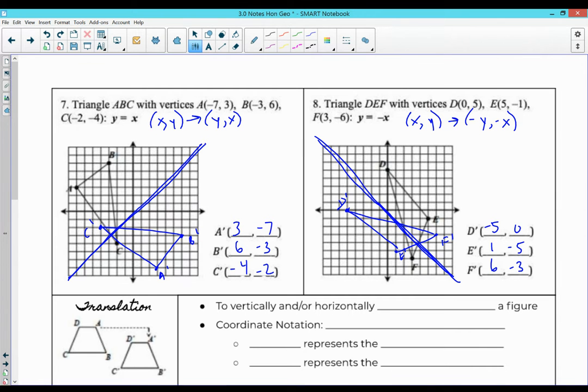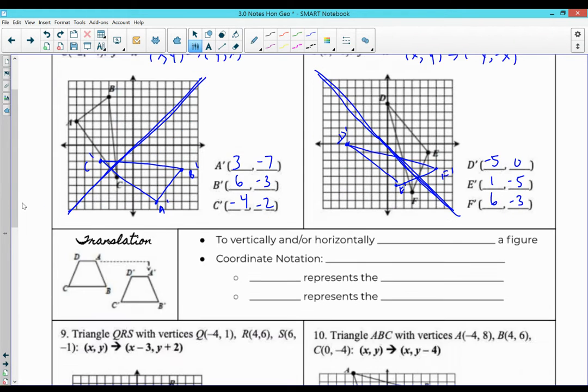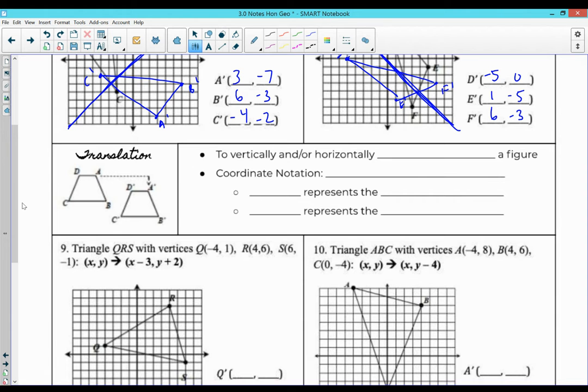All right, so since we went in reverse order of difficulty, this is the last one. Translations are the ones you might be most familiar with. When we translate, as you can see in this figure here, that means that we are horizontally or vertically sliding a figure.